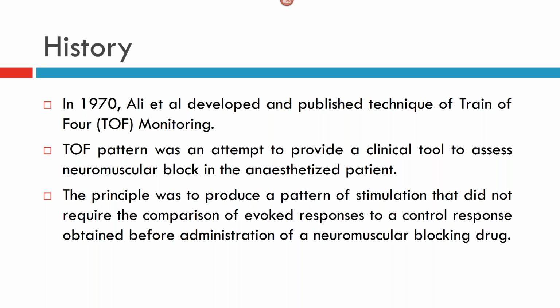Normally when we do any data, you have to compare with the baseline. So the purpose of developing train-of-four is to get data about the patient's muscle relaxation when the patient is under anesthesia, without comparing with the previous trace. It's a one-time stimulation and it gives information about the status at that time.